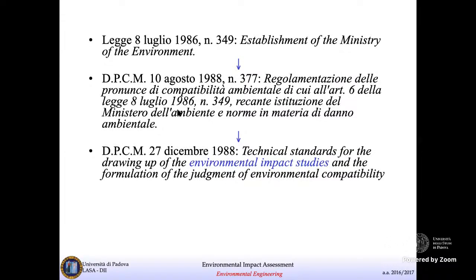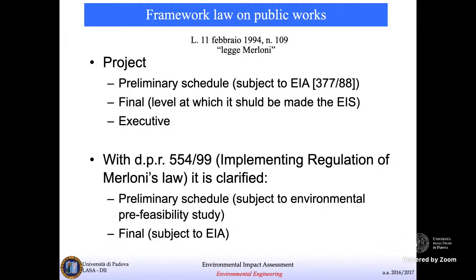We have the decree of the President of the Council of Ministers, so this is the Italian way, 27 December 1988, in which we have environmental technical standards for the drawing up of environmental impact studies. So this is the reference law you should follow in order to draft an environmental impact study.